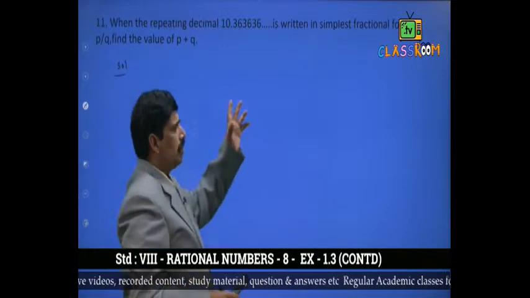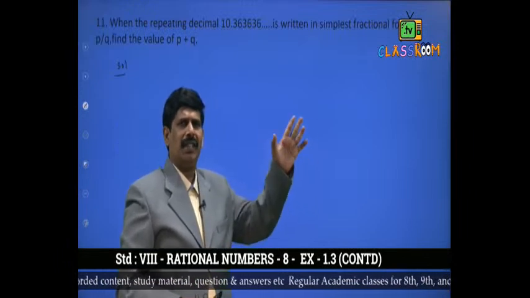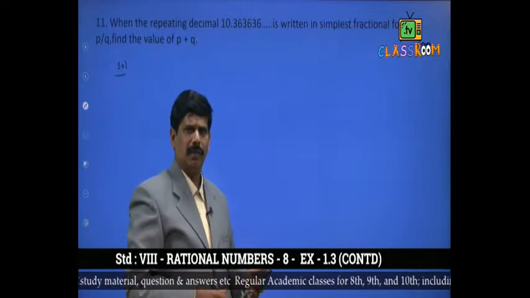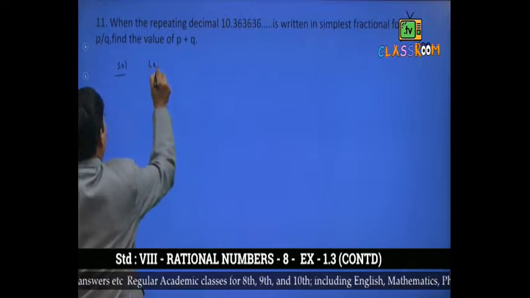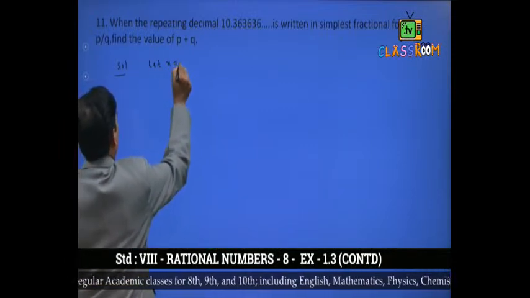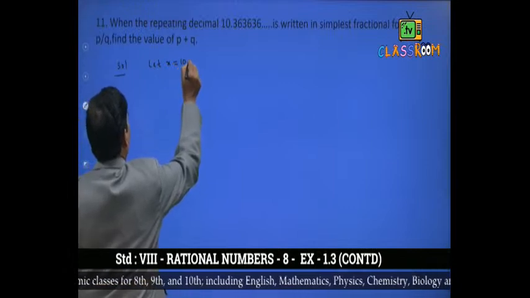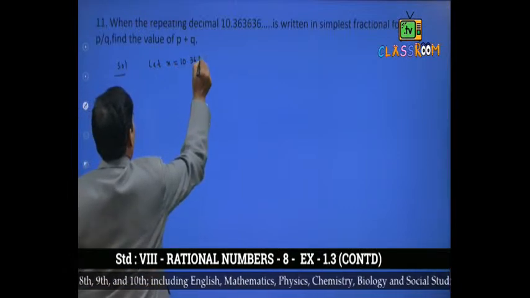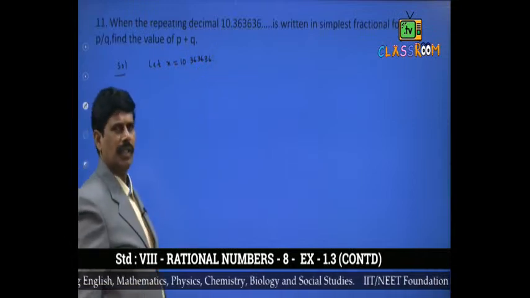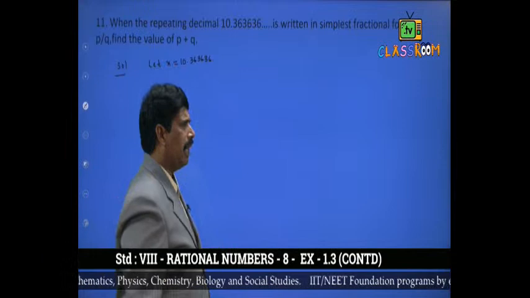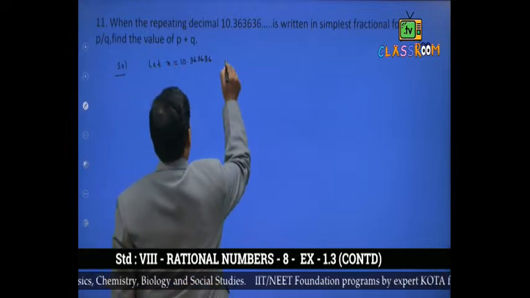As 10.36363636 is given, so let it be x. Let x is equal to 10.363636 is given like this. Is it clear? So you take this as equation 1.